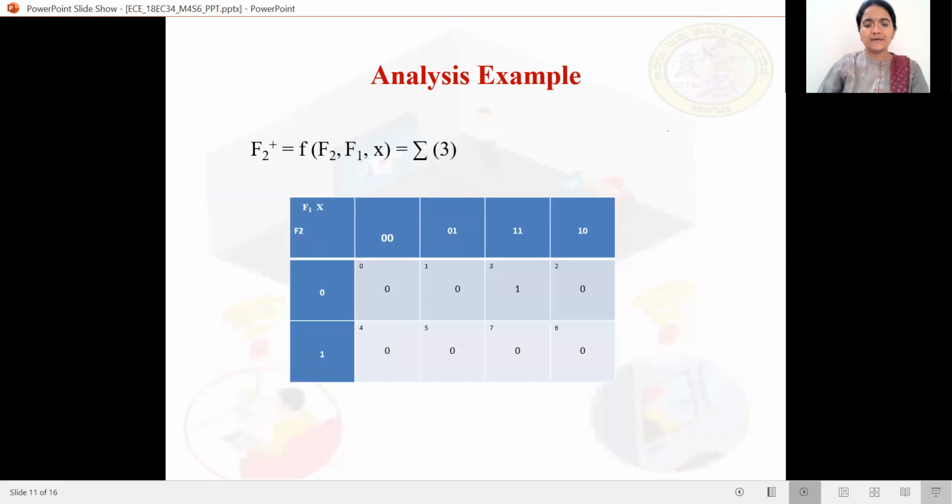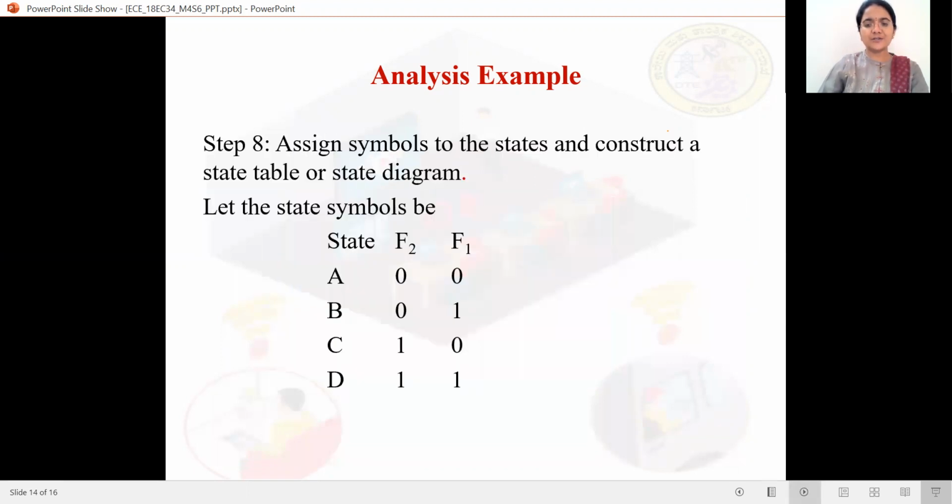For the same state we are having two inputs, x is equal to 0 and x is equal to 1. Now we are having state symbols for these state values. For F1, F2 0, 0 we assign the state symbol A, for 0, 1 B, for 1, 0 C, and 1, 1 D.